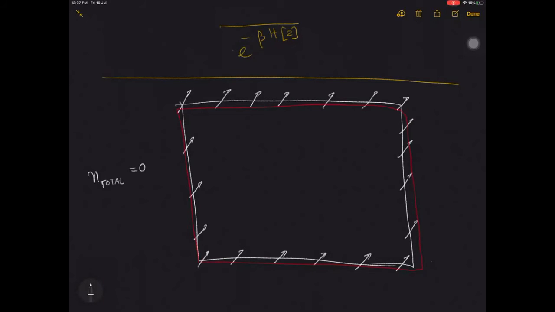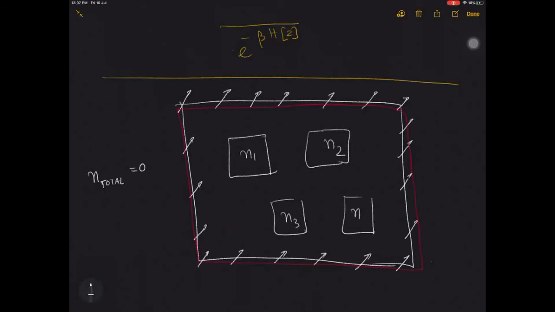But if I look at local regions, I could have vorticities of say N1, N2, N3, N4, which are non-zero, but they all add up to 0 winding number.